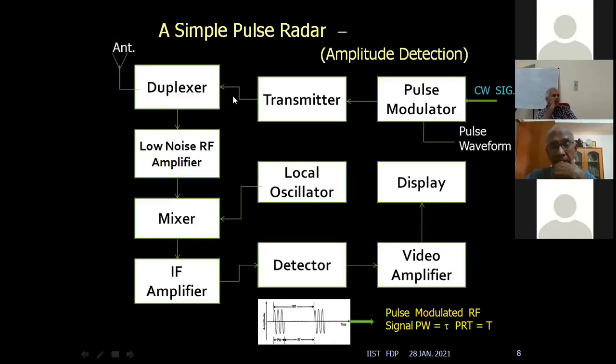Then after the transmitter pulse is over, it will switch to the front end of the receiver. So the signal is transmitted into space, and the received signal, through this switch, is connected to the front end of the receiver, that is an RF amplifier.